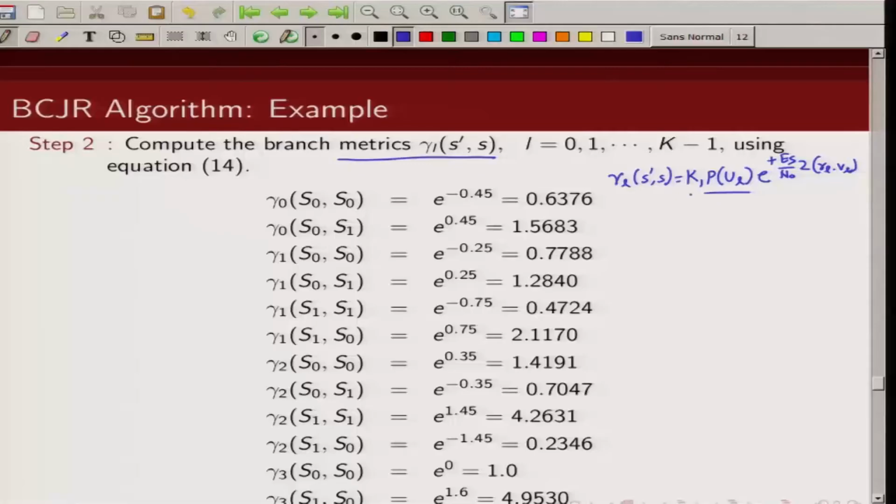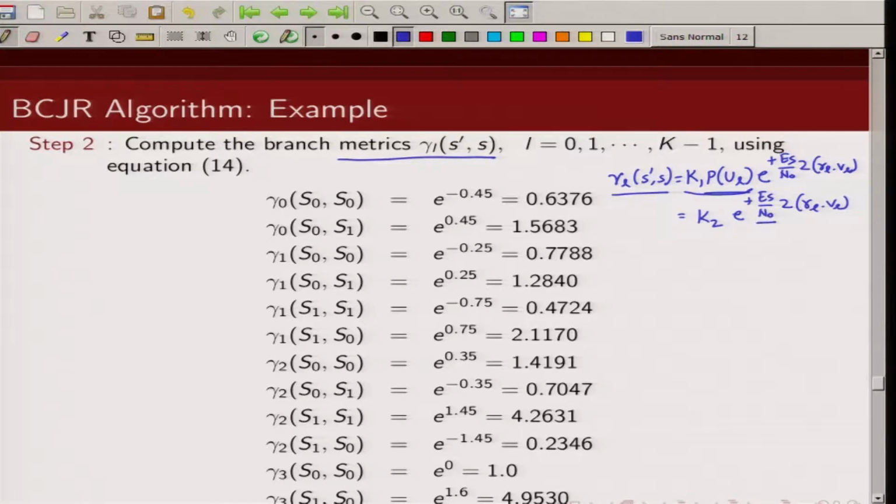So, this probability will be half whether UL is plus 1 or minus 1. So this will be a constant, and we can just include this in a constant term and ignore it. So, what we need to compute the branch metric is basically some k2 times exponential of Es by N naught over 2 times RL dot VL.